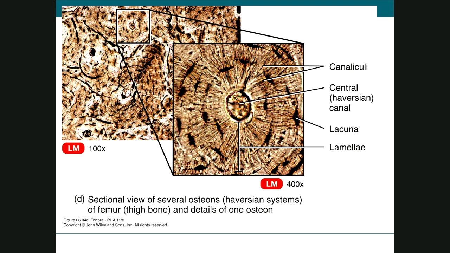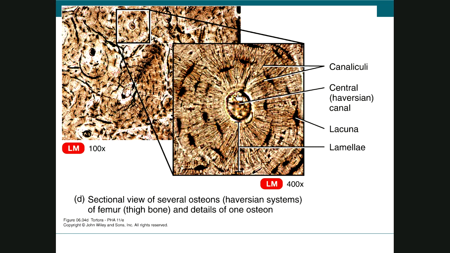If we look at bone tissue through a microscope, it looks kind of like a tree trunk, right? In the center, you can see the central canal of the Haversian system. This whole circular pattern here is the osteon.